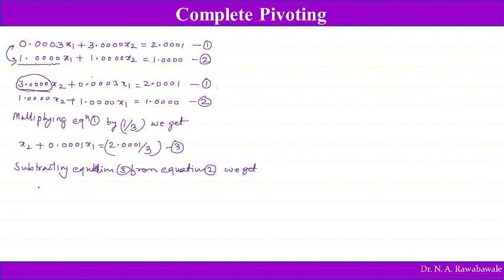Now we write equation 2 first, that is 1.0000 x2 plus 1.0000 x1, which is equal to 1.0000. So this is equation number 2, and equation number 3 we write as x2, whose coefficient is 1, plus 0.0001 x1, which is equal to 2.0001 divided by 3.